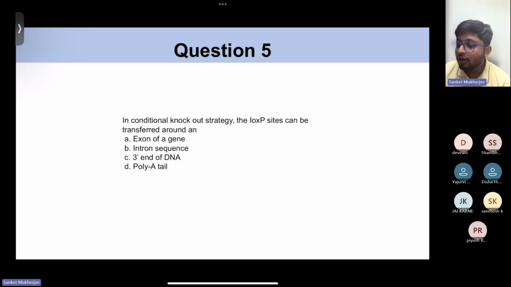In conditional knockout strategy, the LoxP site can be transferred around an exon of a gene, intron or sequence, 3' end of DNA, or poly A tail. Any answers? No answers?